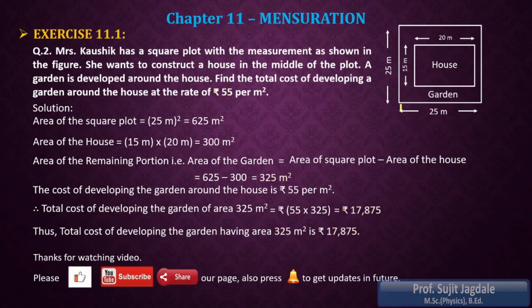So in this way, with the help of the formulas of area for a square and for a rectangle, we are able to find the total cost to develop that particular garden.